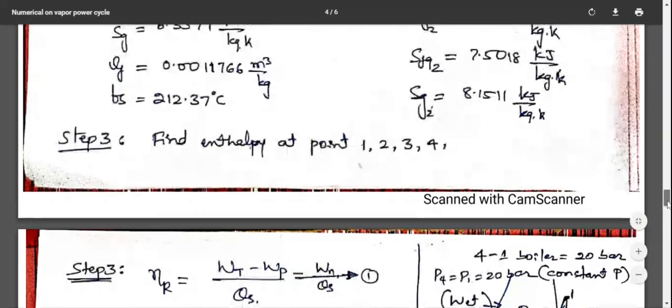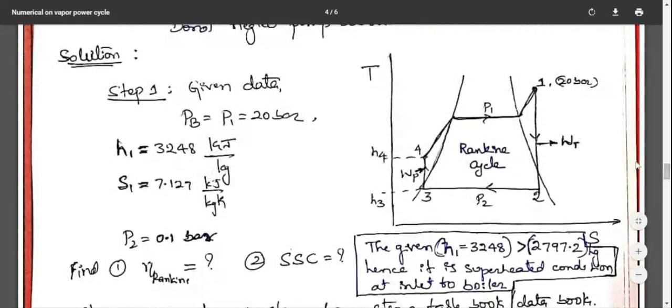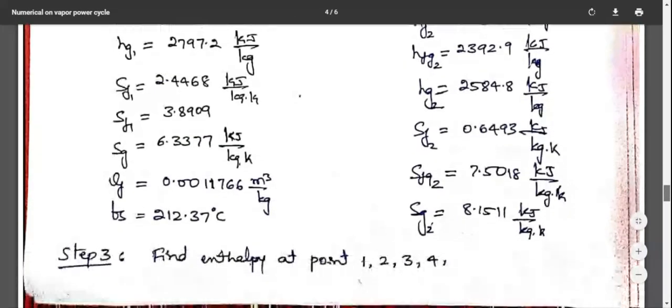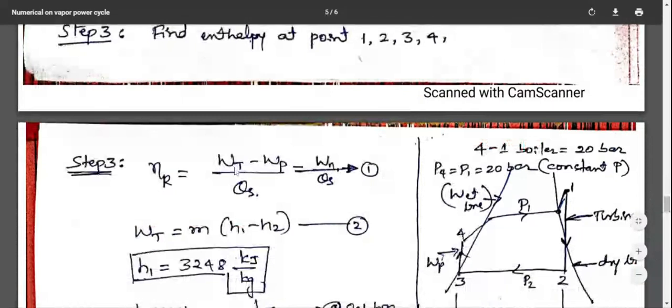If you look at the TS diagram, you'll find the enthalpy at point number 1, 2, 3, 4, because these are the values required for calculating the efficiency of the Rankine cycle. Okay, again we'll look into the equation. Step number 3 will continue. So efficiency of the Rankine is equal to work done by the turbine minus work done on the pump divided by heat supplied.